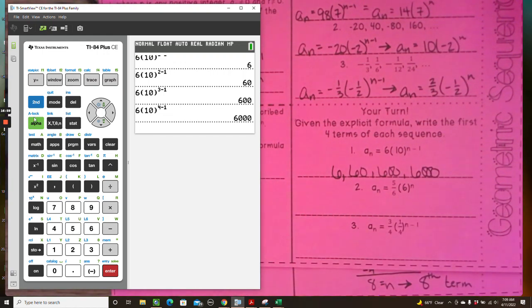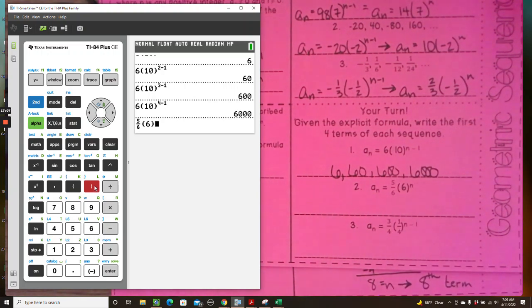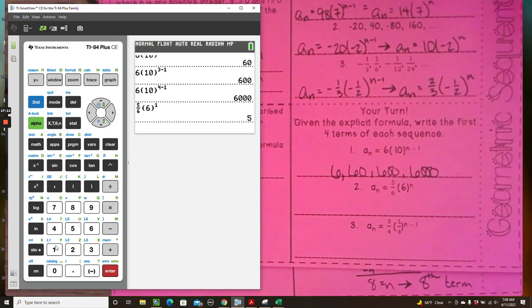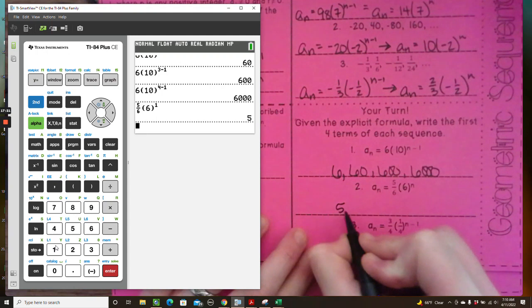Okay, so on the next one, 5/6 times 6 to the n. This formula has already been simplified, so we just plug a 1 in there for n. I didn't math right or something. So we've got a 5.